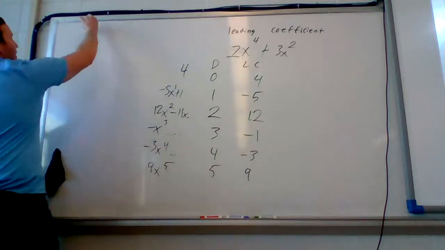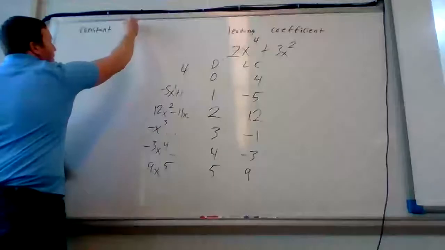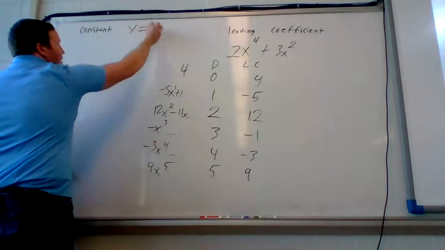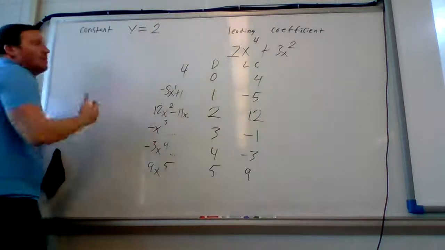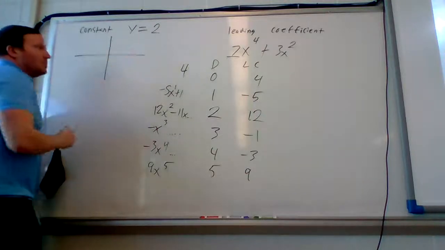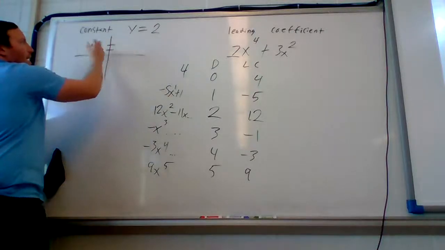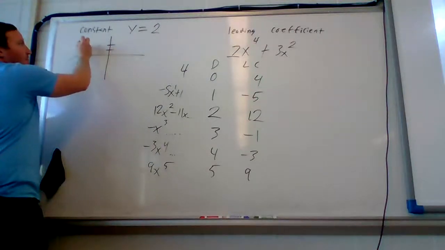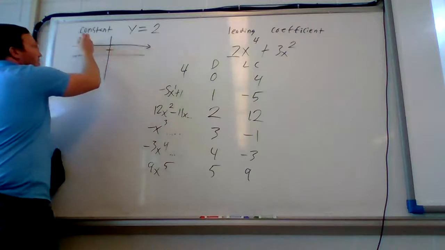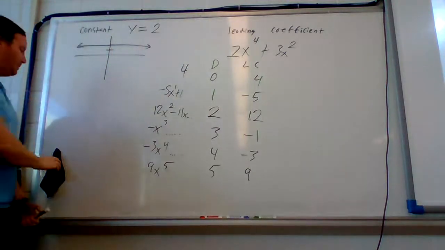So when we're talking about a constant, its parent function is just y equals some number. I would just say it's 2. Okay. So if we have y equals 2, that just means we're going to cross the y-axis at positive 2, and it's going to be a horizontal line. Okay. So that is our constant function.